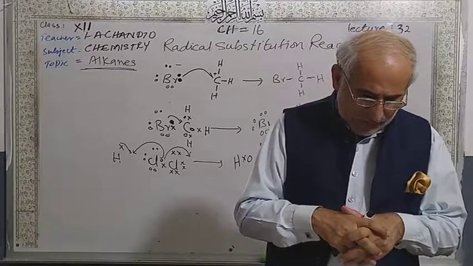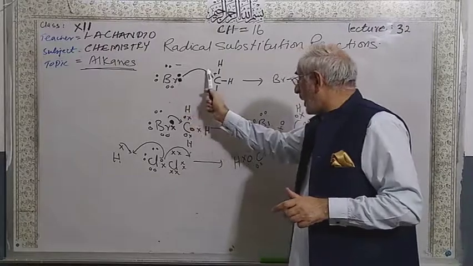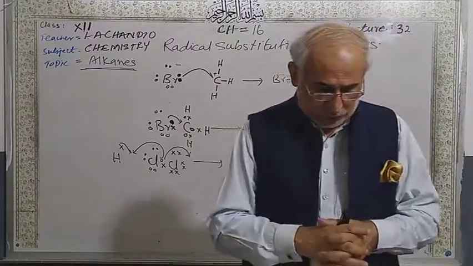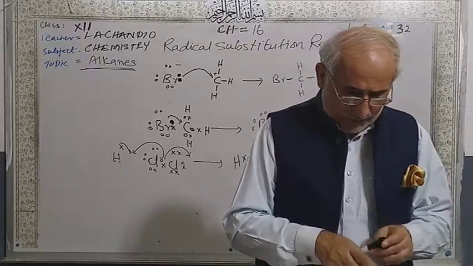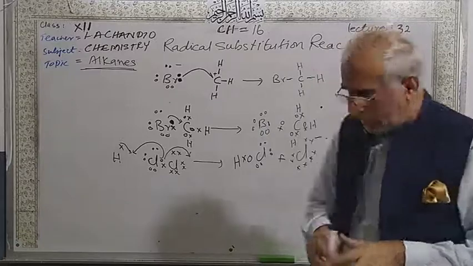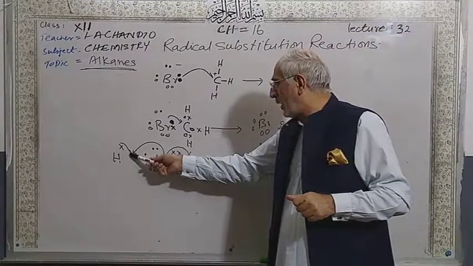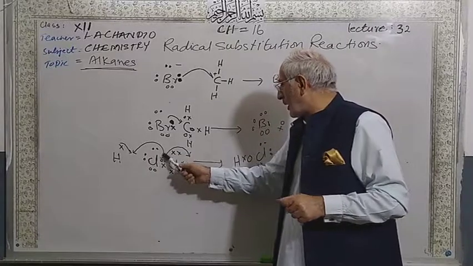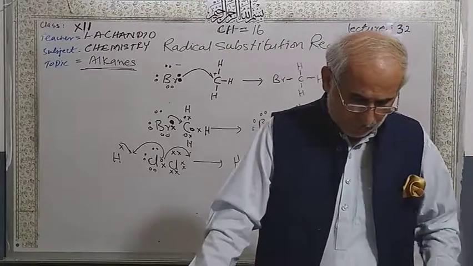The beginning of the arrow shows where the electron pair starts, and the arrow head shows where the electron pair ends. Here is the head of the arrow, where a bond is going to be formed, and here is where it starts.